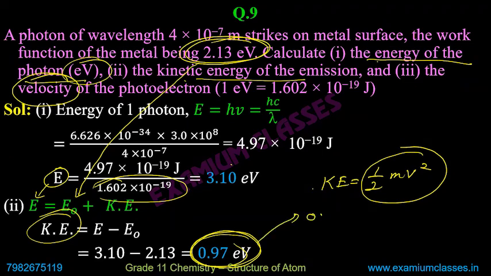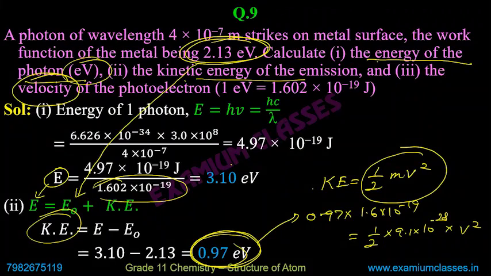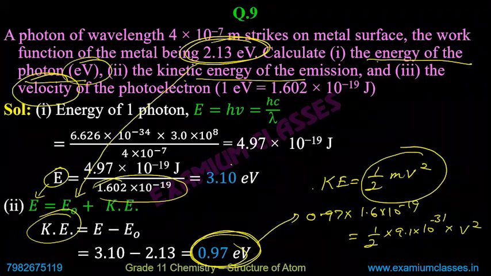So you will use 0.97 into 1.6 into 10 power minus 19 equals half into 9.1 into 10 power minus 31 kilograms into v square. That will be the answer.